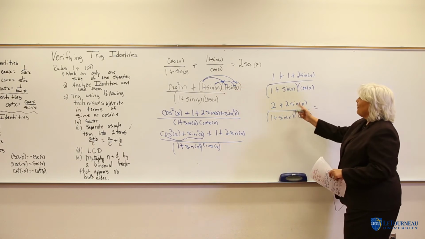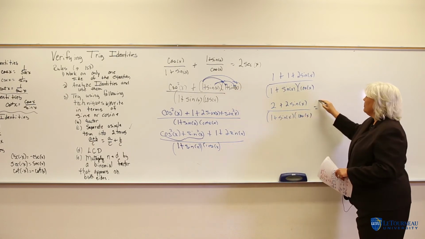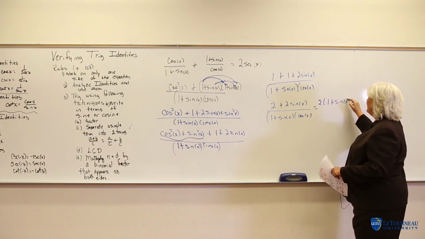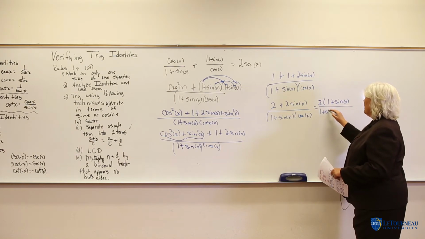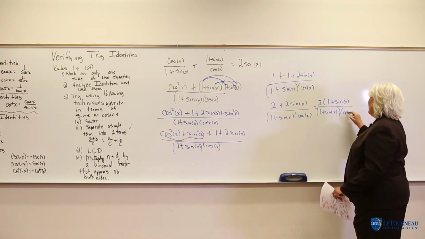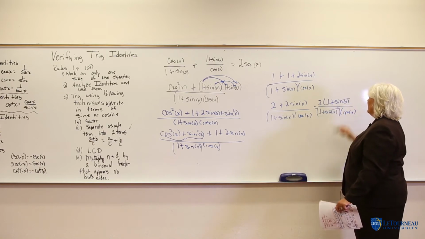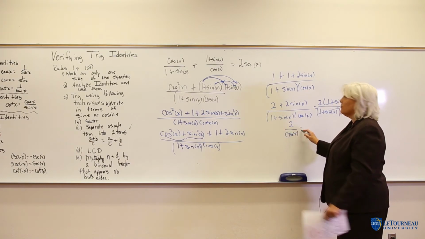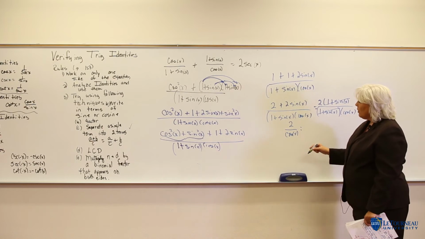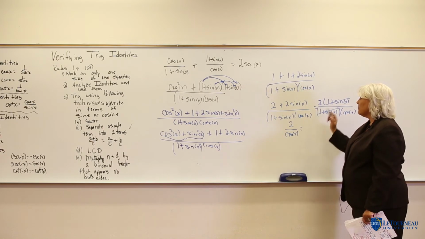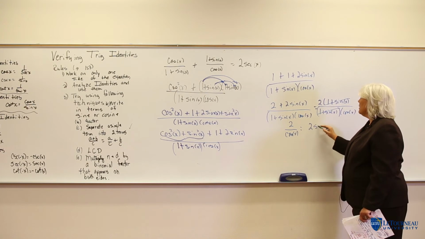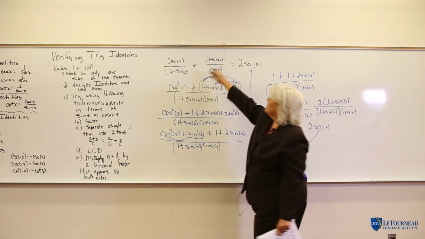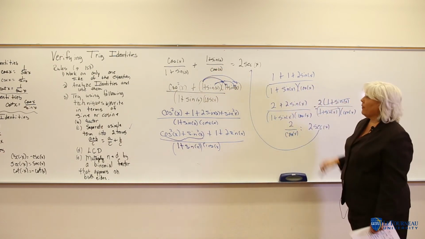I'm going to factor that back out. It has a 2 in common, so I'm factoring out a 2, which gives me 1 plus sine x all over 1 plus sine x cosine x. Well, that cancels, leaving me with 2 over cosine x. And now you're going to use your reciprocal identities again. 1 over cosine is the same thing as secant. So this becomes 2 secant x, which means I just verified that this side is equal to that side by doing all that manipulation.